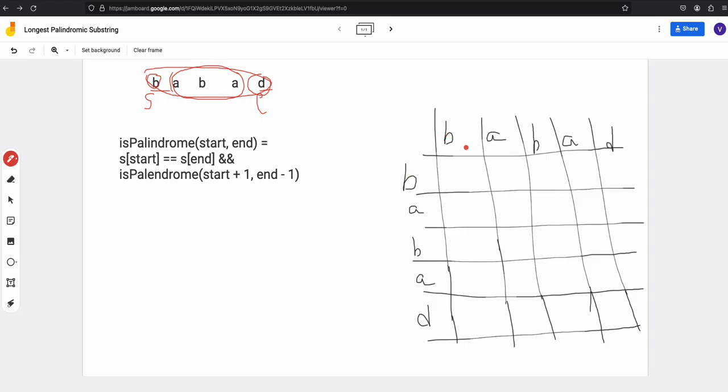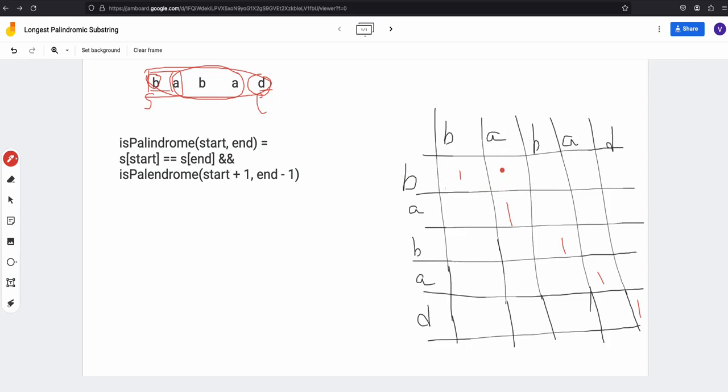Length 1, starting from B: all the length 1 substrings are palindromes. All single characters are definitely palindromes. All these are palindromes. Okay, now I'm considering length 2, guys. Is B equal to A?